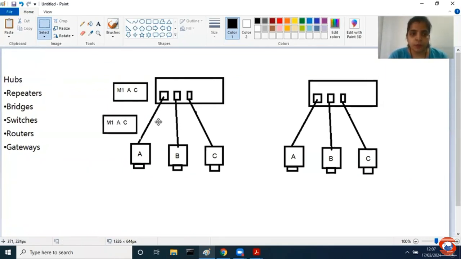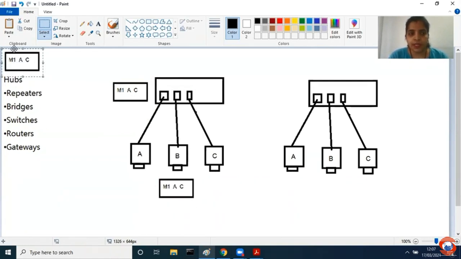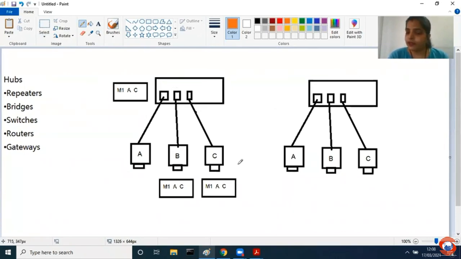What will your hub device do? This hub device is a non-intelligent device, which will transmit this to B and to C. The hub transmits the data in the form of electrical signals. It does not understand who the destination is. It just transmits the data in the form of packets to whoever is connected over the network.